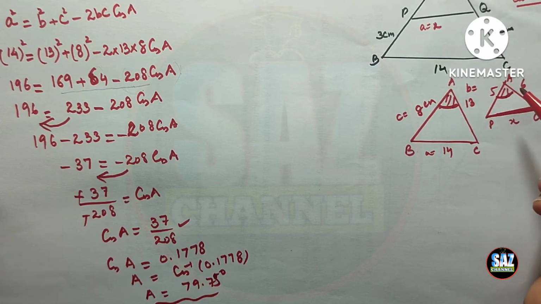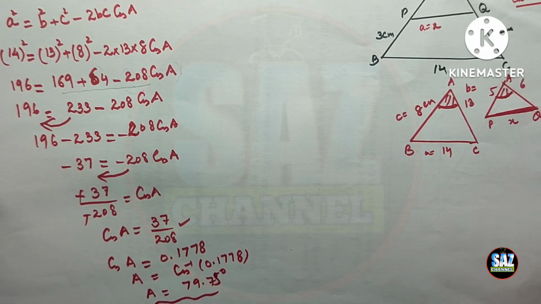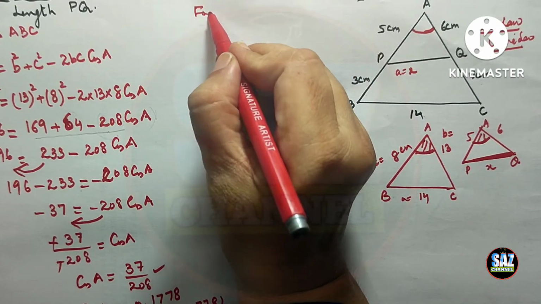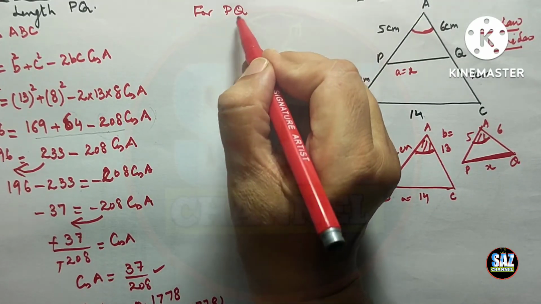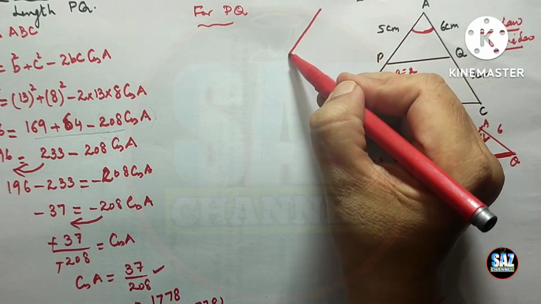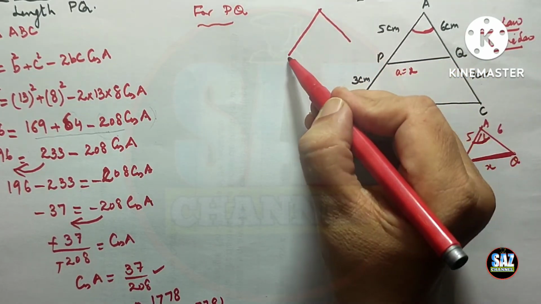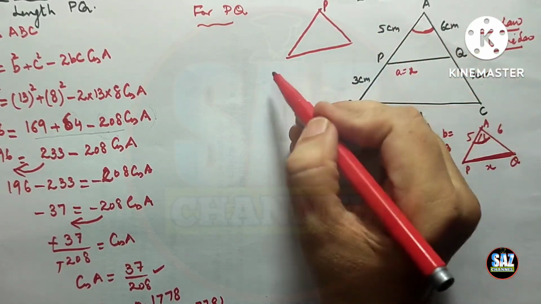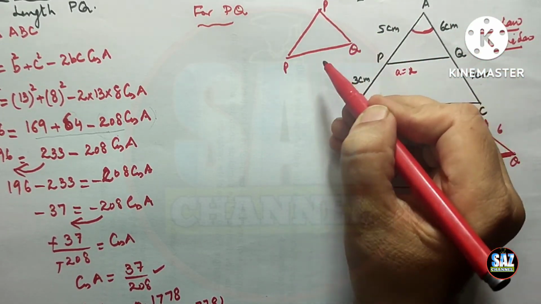One of the problems is solved, and now for the actual requirement of finding PQ, we have to take the small triangle. Always give a reference of the triangle APQ.